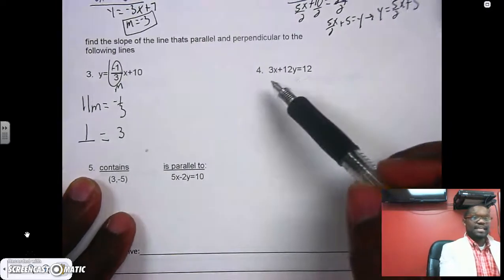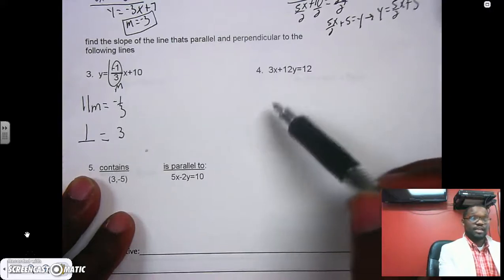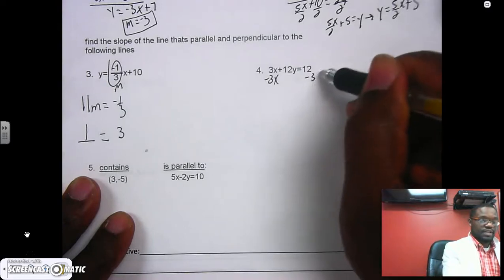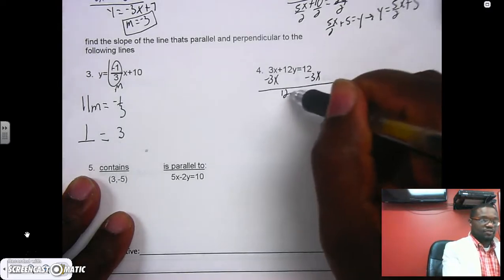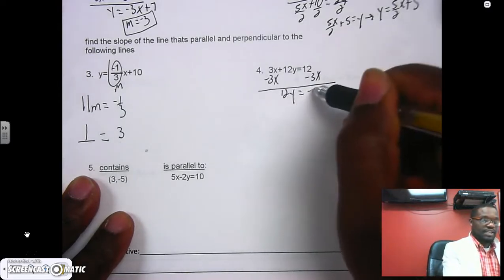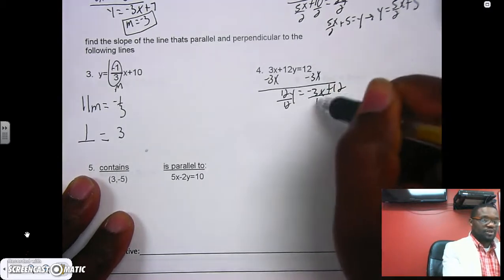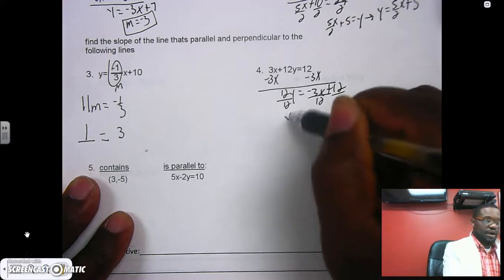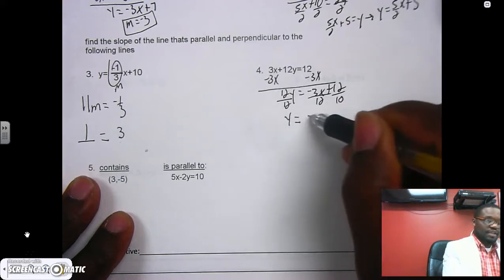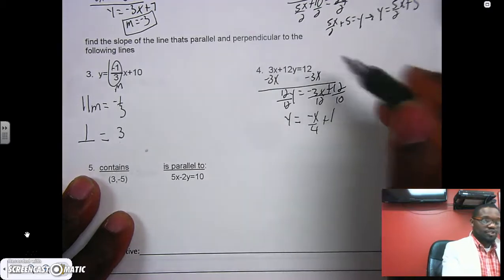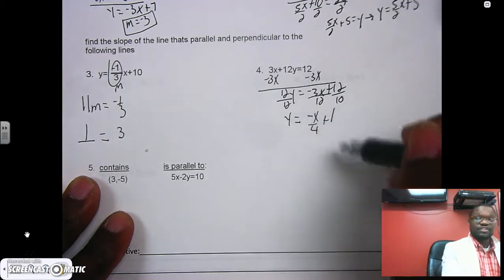Now, over here, we cannot tell anything about the slope yet because it's not in the proper form. So I subtract 3x from both sides, and I have 12y equals -3x plus 12. Divide everything by 12, and you get y equals -x over 4 plus 1, which the slope here is not -x over 4.